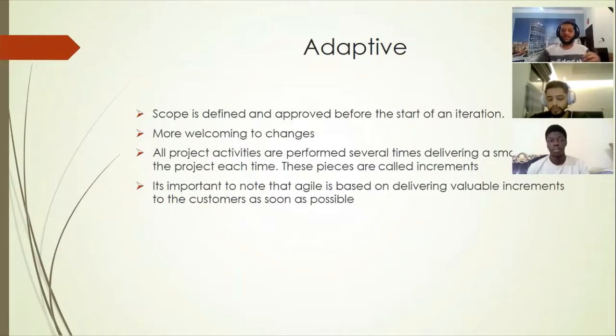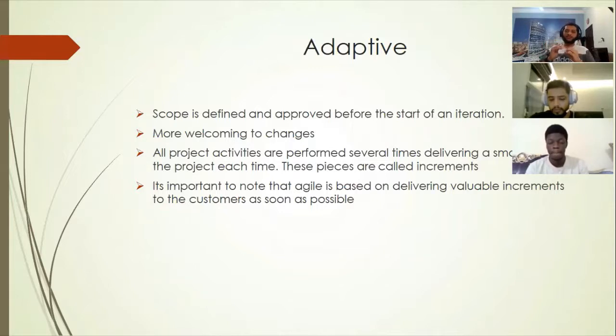Going to the second approach, which is the adaptive approach or agile approach. In this approach, only the scope is defined in the beginning, and then the project will be delivered to the customer piece by piece.